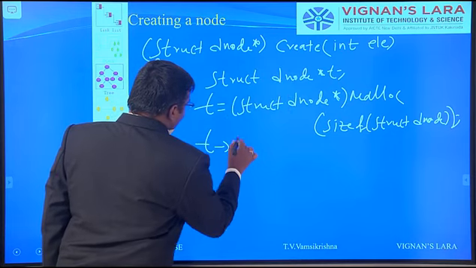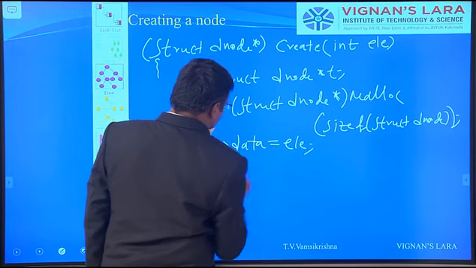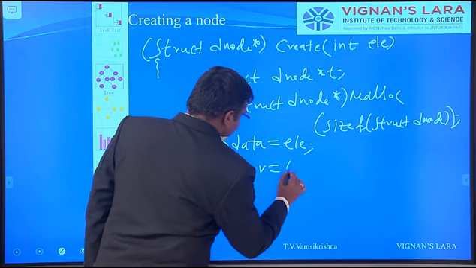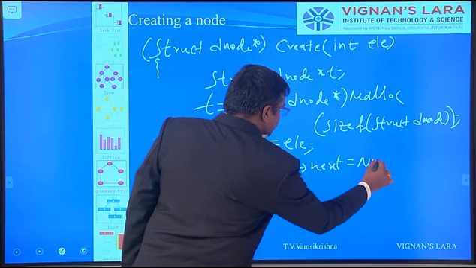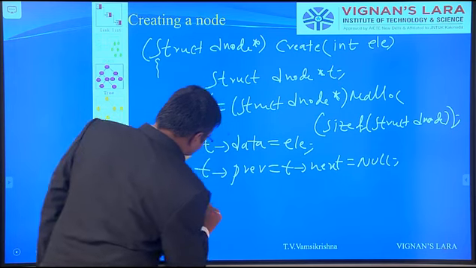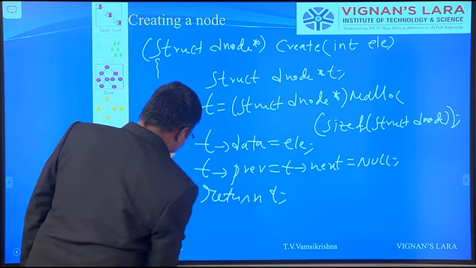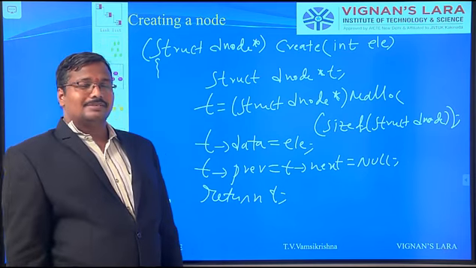Then t of data is equal to element, and t of previous and t of next are equal to null, and at last we return t. This is the creation of a node.